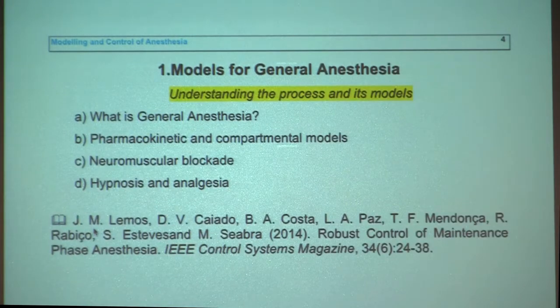So let's start to speak a little bit about models for anesthesia. First of all, what is anesthesia? In particular, general anesthesia. Many of you probably have gone to the dentist, which is a very bad experience, and you receive some form of anesthesia when he's doing some painful things.